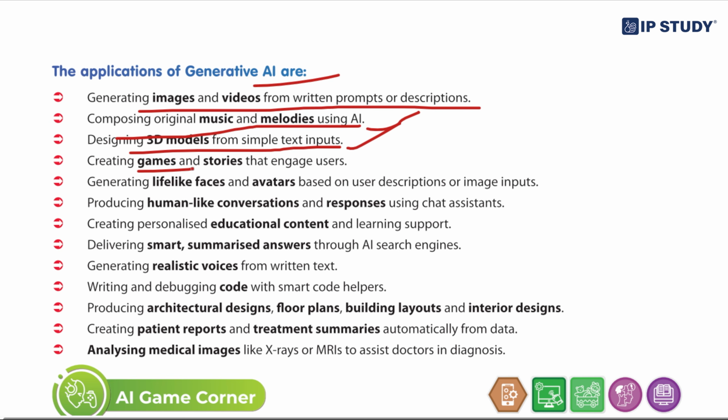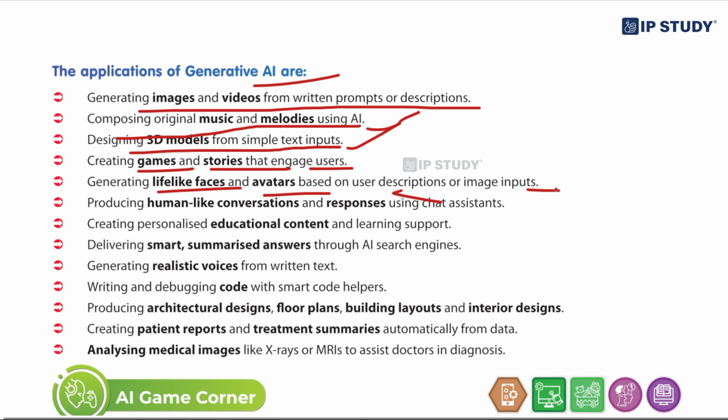It can create games and stories and engage users. So it can create interactive, fun games or stories or any complex app which can engage the users. Generating lifelike faces and avatars based on user descriptions or image inputs.